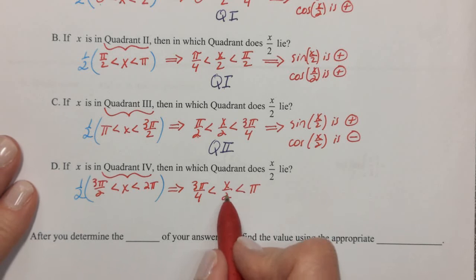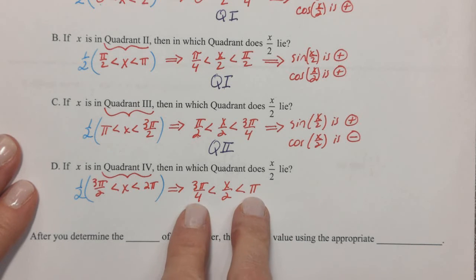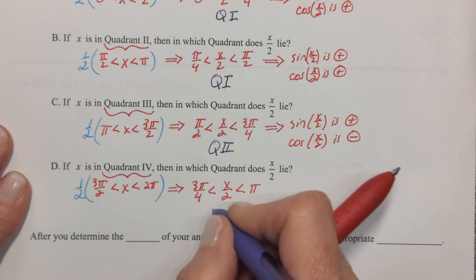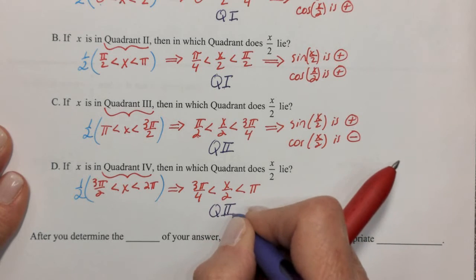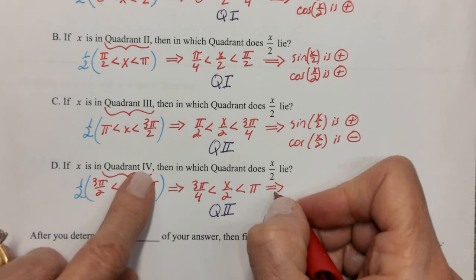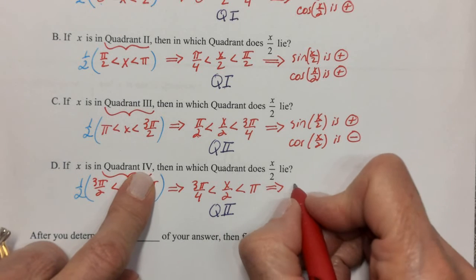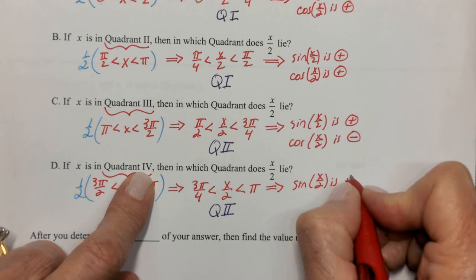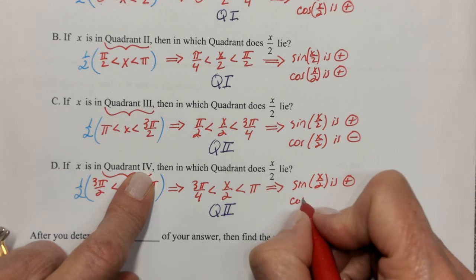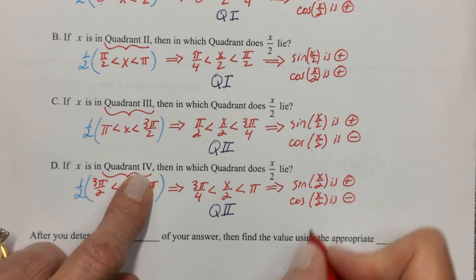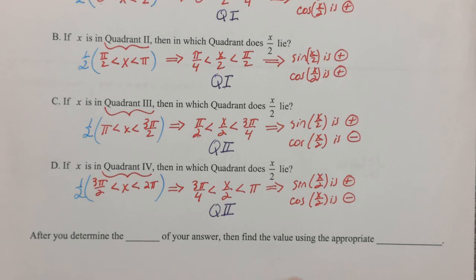So x over 2 would have to be between 3 pi over 4 and pi. That puts it in quadrant 2. So if you are given that x is in quadrant 4, sine of 1/2 x will be positive. Cosine of 1/2 x would be negative. Okay?